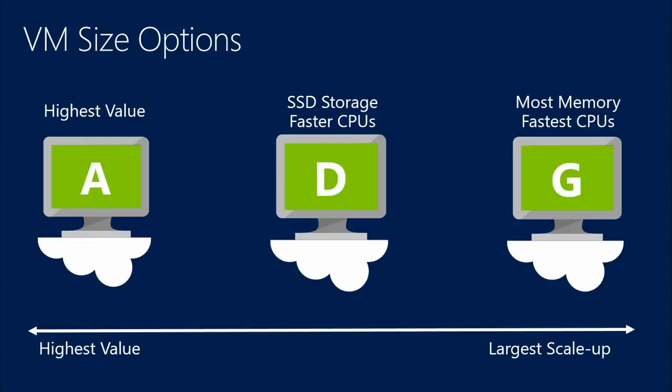D series has SSD storage, has faster CPUs, but sometimes for certain workloads, that's not even enough. You have to go all the way up to the G series, which has the most memory, the fastest CPUs, and up to 6 terabytes of local SSD. And so that's really a summary of all the different types of VM sizes that we offer in Azure.